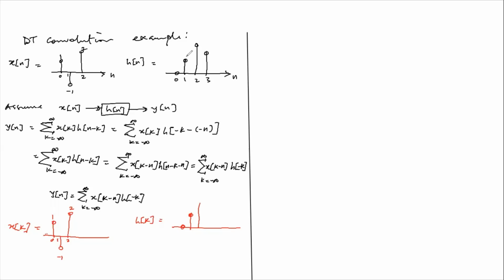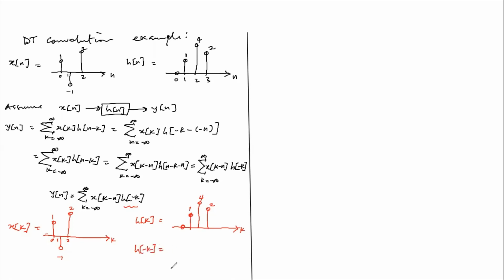This is 0. This is 1. This is 4. This is 2, right? Then this is 4. This is 1. So this is 2. So now I have replaced n by k. So this is k. But from our analysis, we need the time scaled version. So the time scaled version here will be h of minus k.